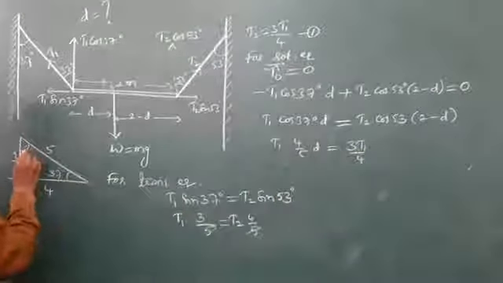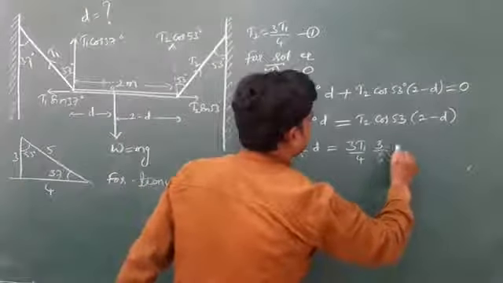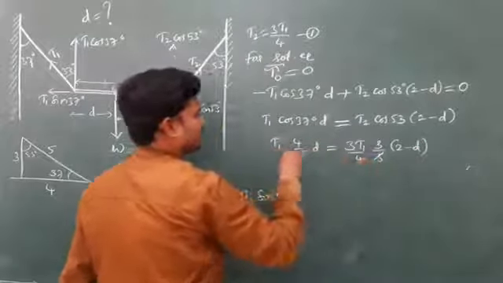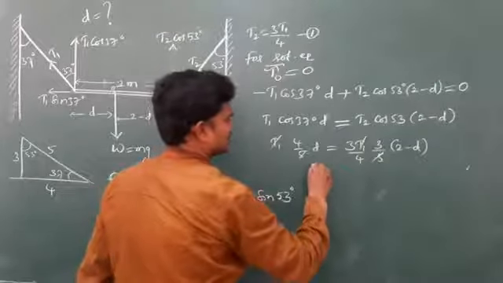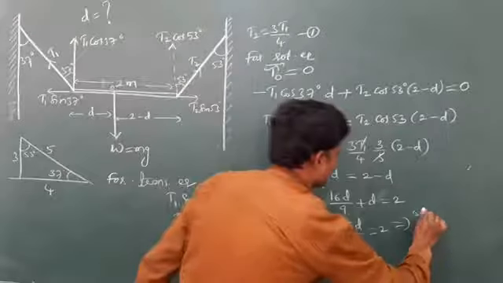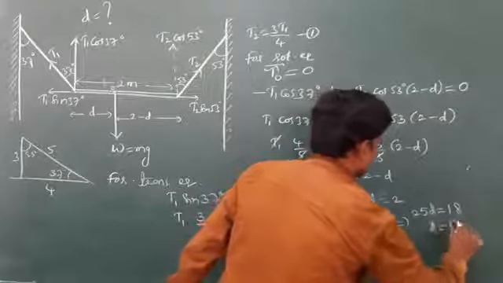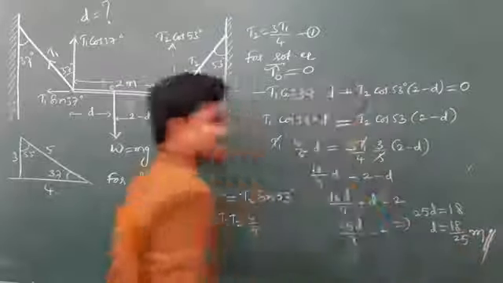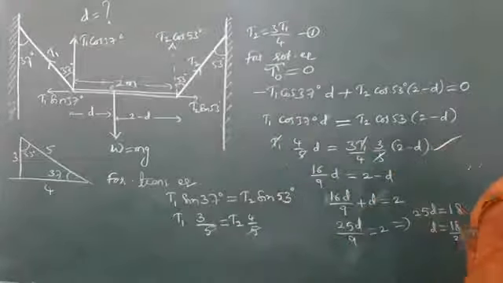If this is 37, this is 53, and cos 53 is 3 by 5, times 2 minus D. So 5 T1, this is 16 by 9, 25D equals 18 by 25. Verify the calculations; here I am targeting only this one.